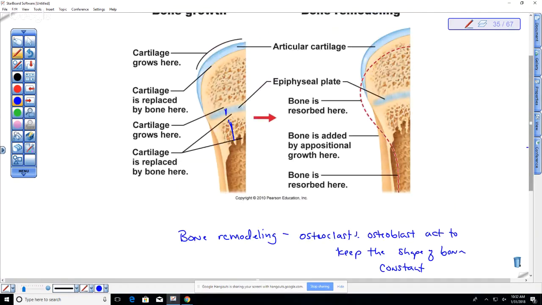Right? So they have to actually break down, reabsorb bone here. So that's where the osteoclasts would be working. And then we have to add bone here, and that's where the osteoblasts would be acting. And all of this is actually due to bone cells that are in the periosteum. So in the periosteum, which is the connective tissue that surrounds the bone, we have these types of cells that act to keep the bone in its proper shape. So that's what is referred to as bone remodeling.